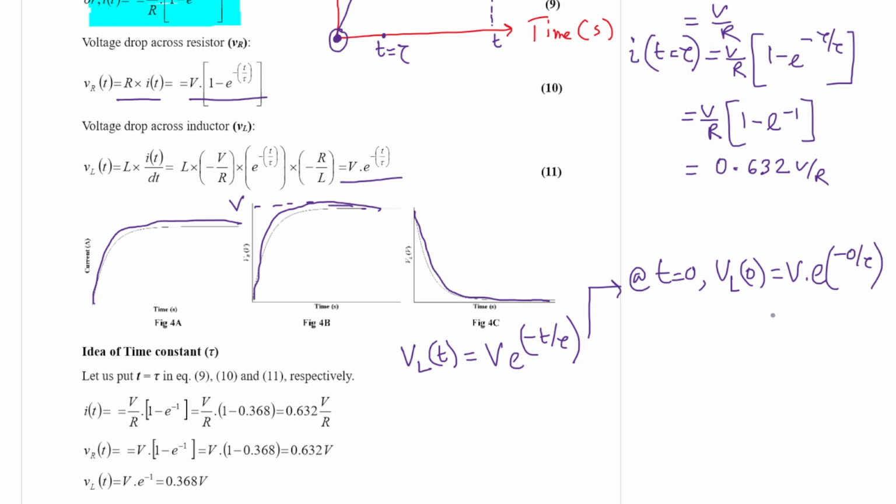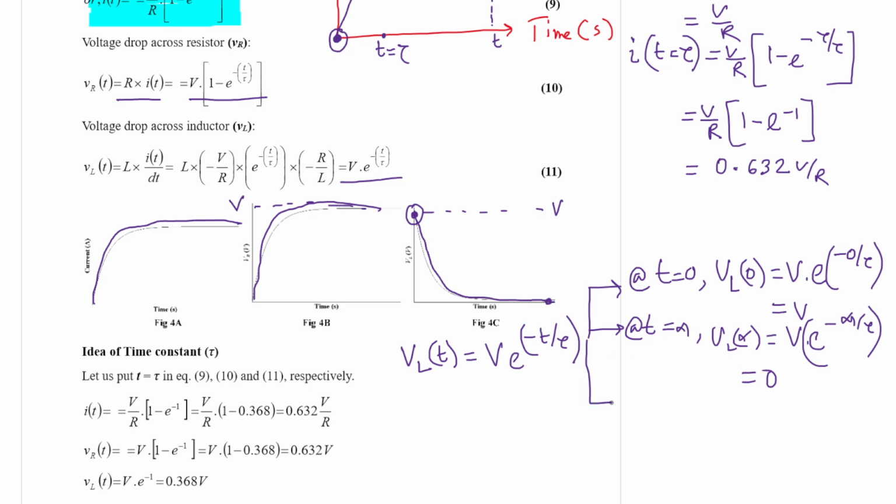So it will be actually V. So at t is equal to 0, we are getting voltage V. At the second condition, at t is equal to infinity, VL infinity is equal to V into e to the power minus infinity by tau, so it will be 0. So at larger time, this value will be 0. So we get the initial point, we get the final point.